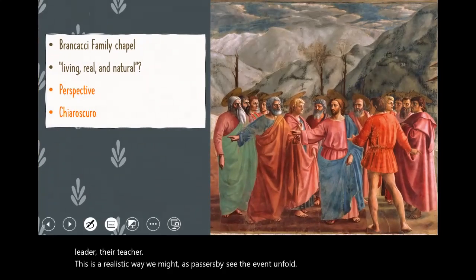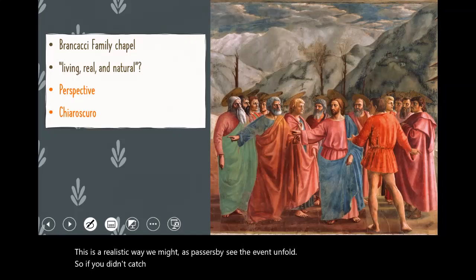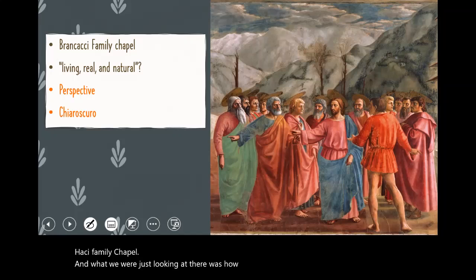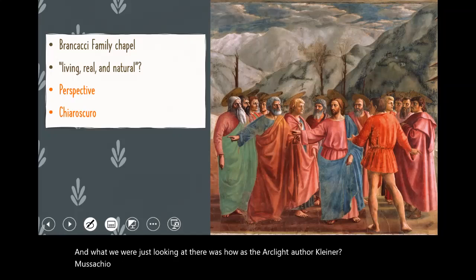So if you didn't catch those words, especially the Italian or Latin words, this is one of the Brancacci family chapel. And what we were just looking at there was how, as our author Kleiner says, Masaccio makes his scriptural scenes living, real, and natural. So remember his toolkit.